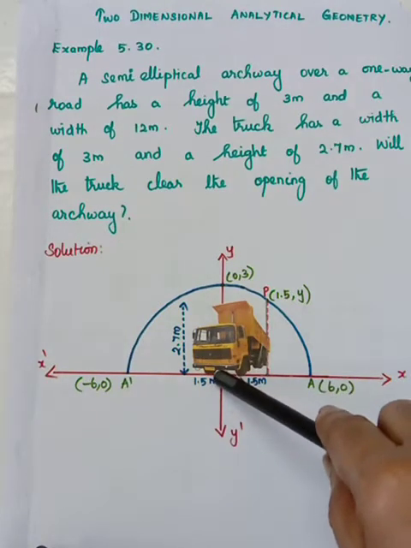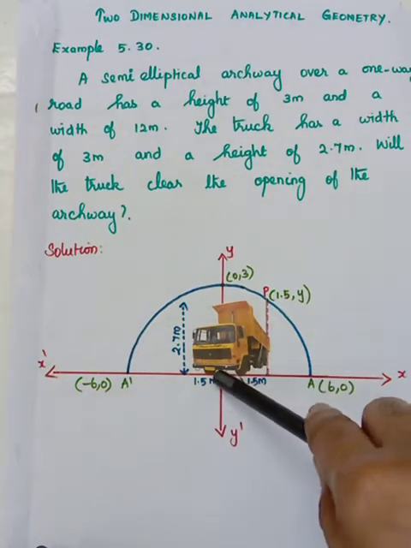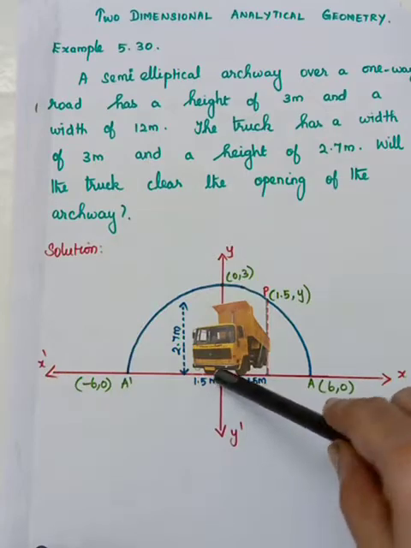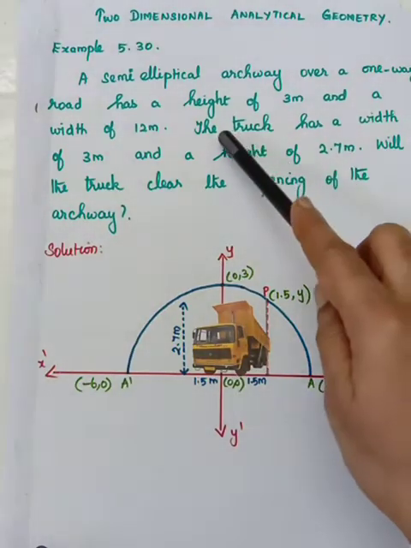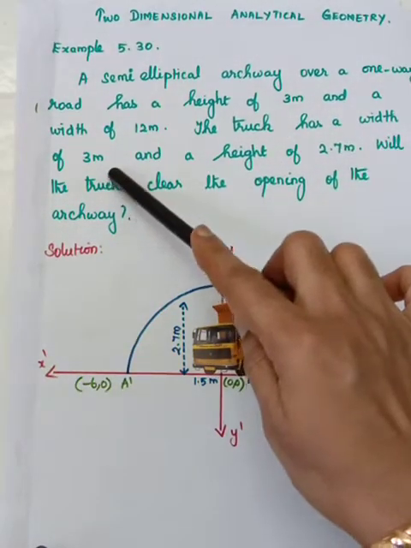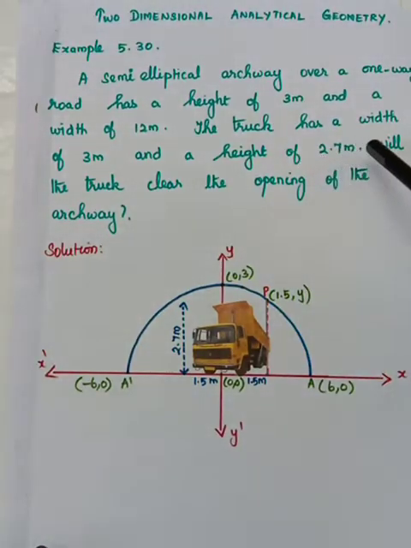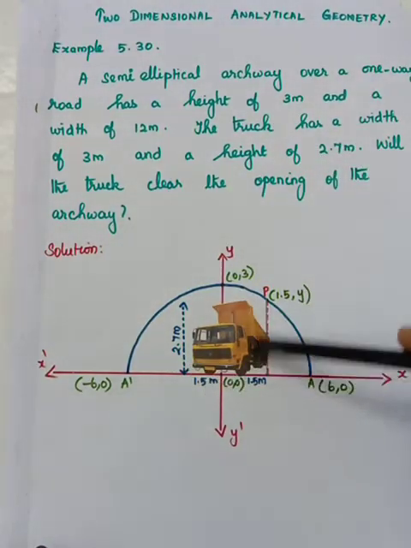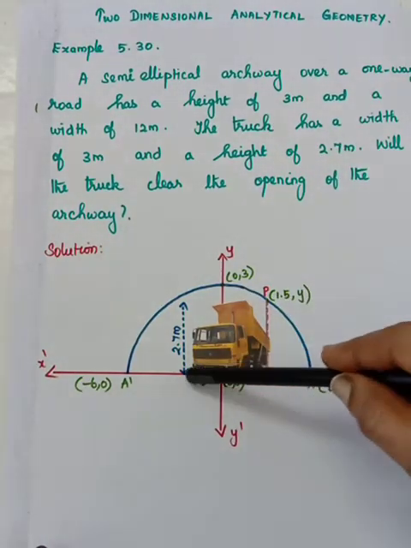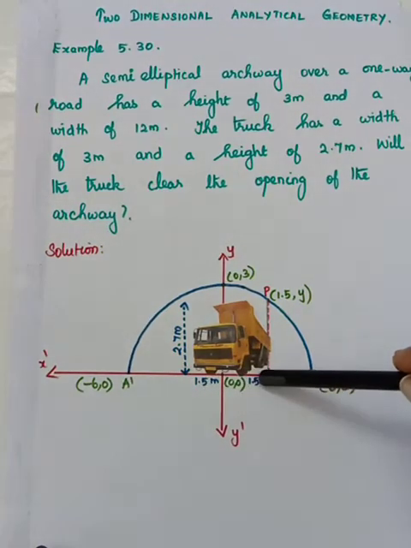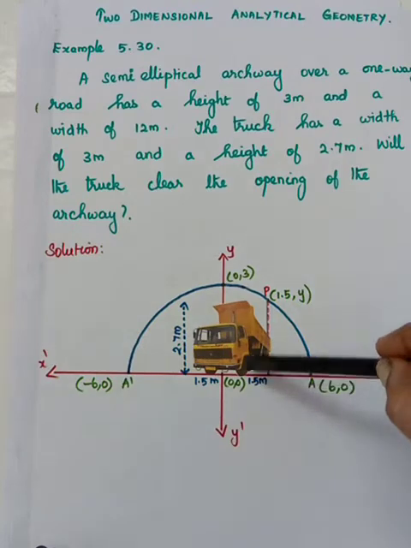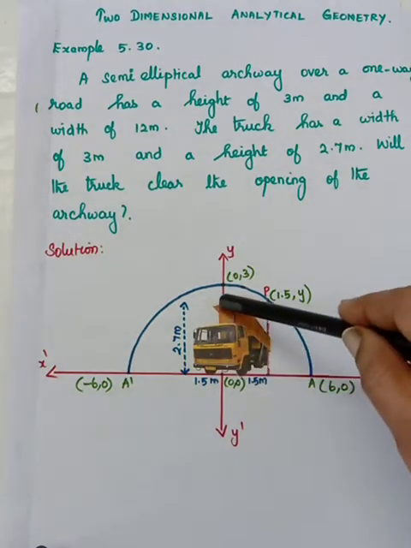So the archway results are over. Next we have to go to the truck. The truck has a width of 3 meter and height of 2.7 meter. Consider the truck whose width, from here to here, is 3 meter, and the truck height is 2.7 meter.